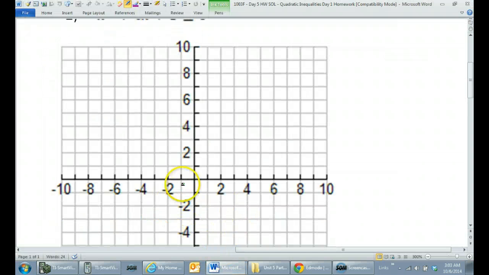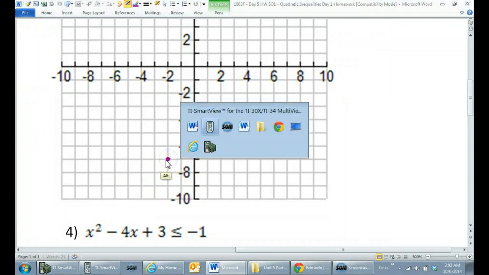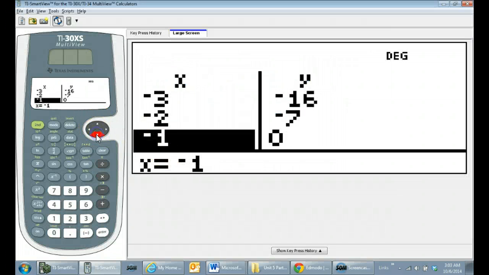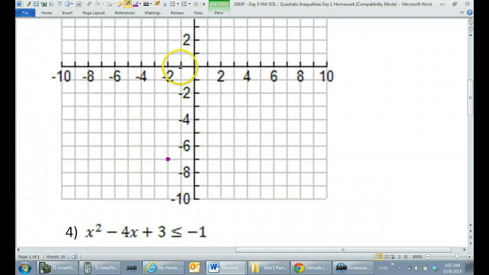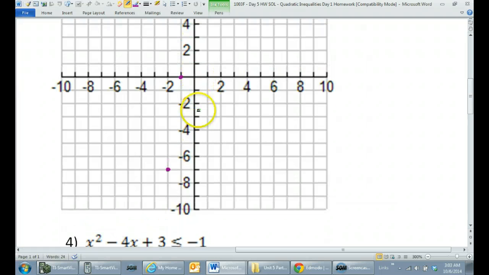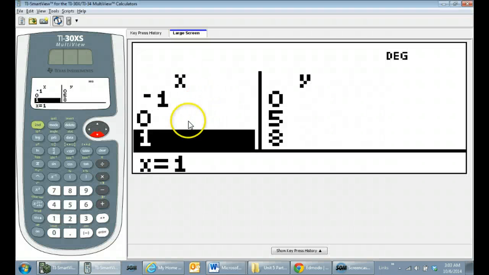Okay, so at negative 2, we are at negative 7. And then we have 0, 5, and 8. So we'll be at 0, 5, and 8. Okay, and then we're at 9 and 8.